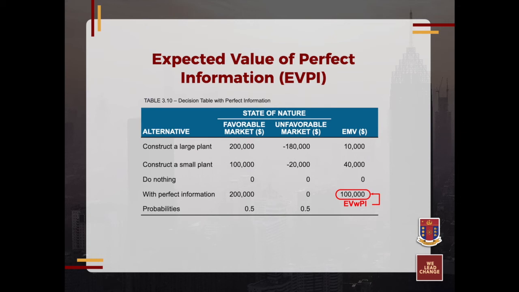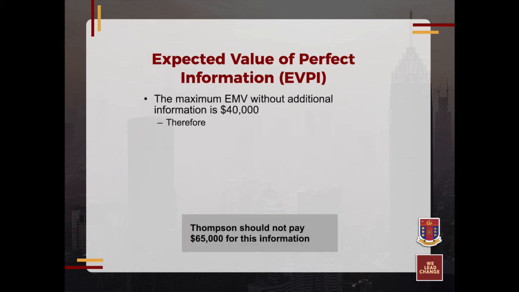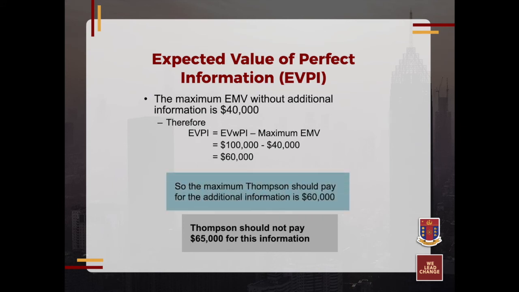So remember that for EMV, you also multiply the different payoffs by the probability per alternative or per row. Now, the next step to actually computing the EVPI is to subtract. So we have EVPI equal to EVWPI minus maximum EMV, and we have 100,000 minus 40,000 is equal to $60,000.